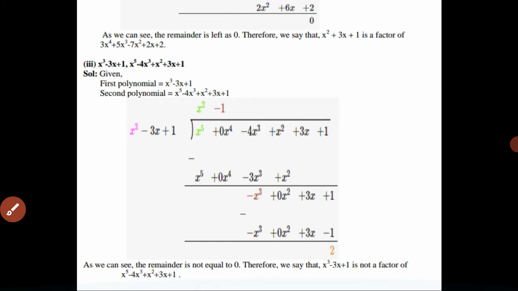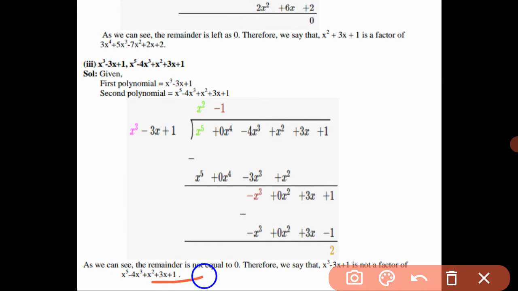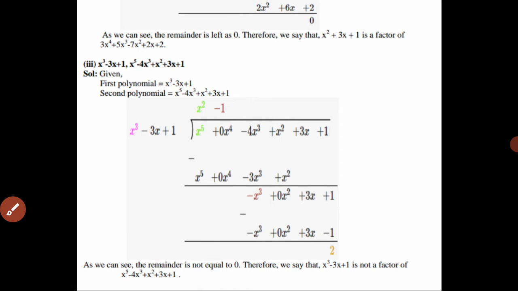So here as we see the remainder is not 0, therefore we say that x cube minus 3x plus 1 is not a factor of x power 5 minus 4x cube plus x square plus 3x plus 1. So in this way we can do this question.